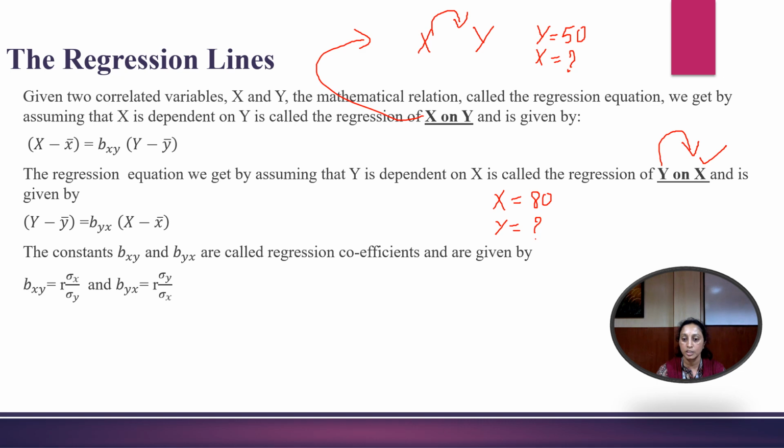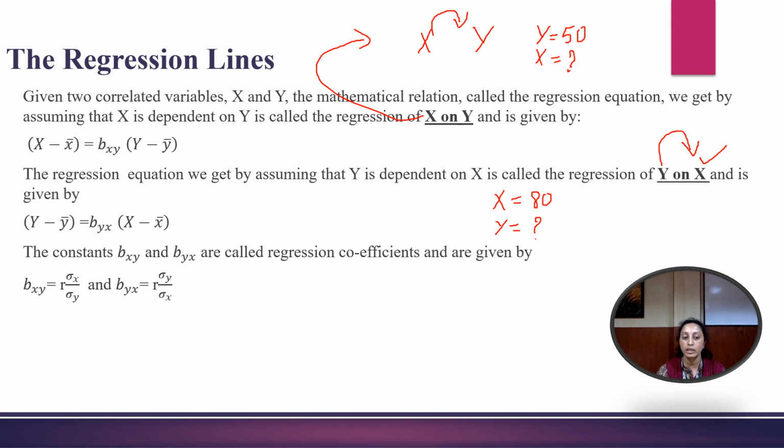Corresponding to both the regression lines, x on y and y on x, we have a regression line equation. Regression line x on y is given by x minus x bar is equal to bxy into y minus y bar. Here x is the dependent variable and x bar is the mean of x, and y is the independent variable and y bar is the mean of y.